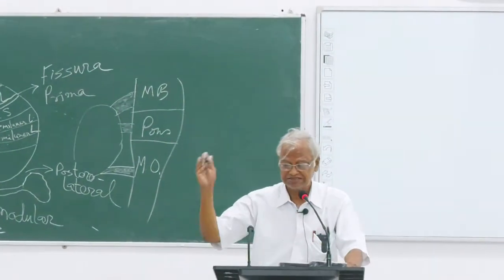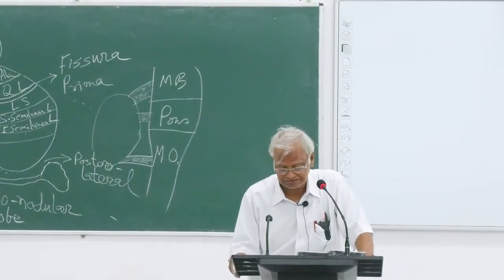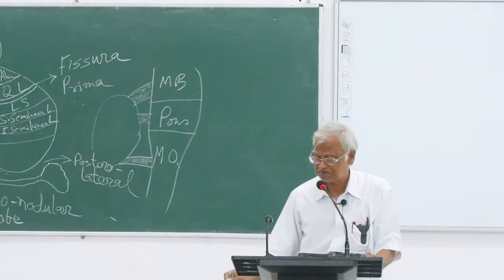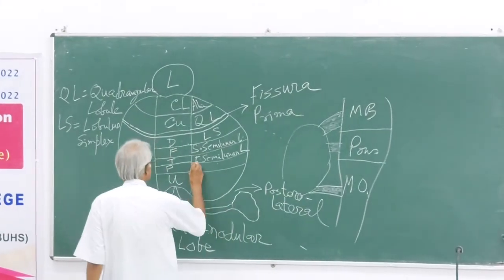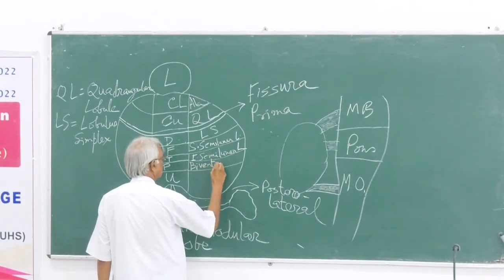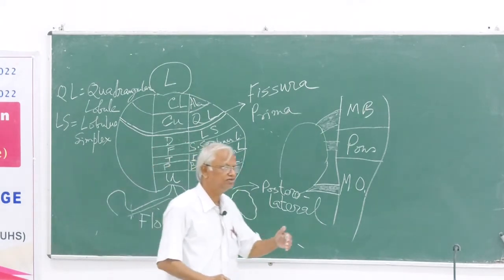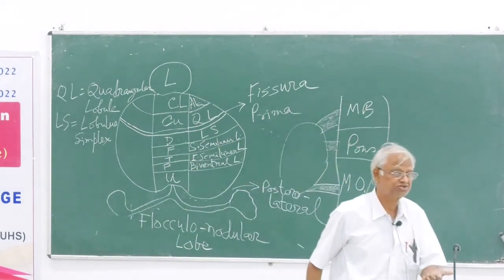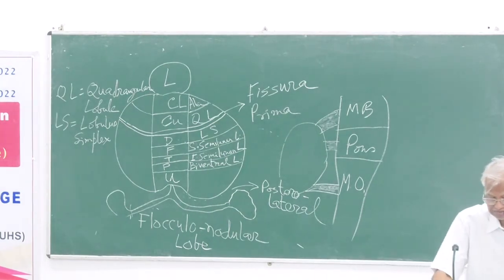Superior is by the side of folium, inferior by the side of tuber. Beside the pyramid, there is the biventral lobule. It is not actually the last, but we call it last.